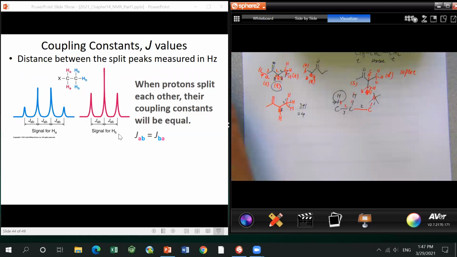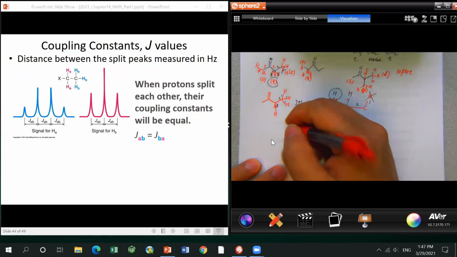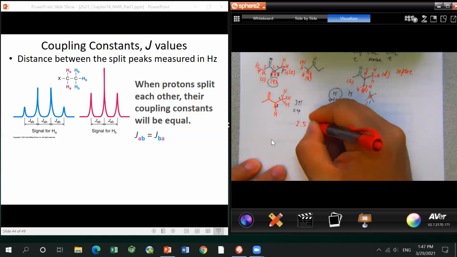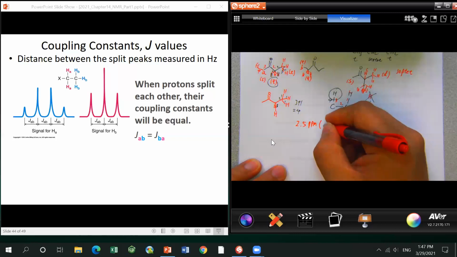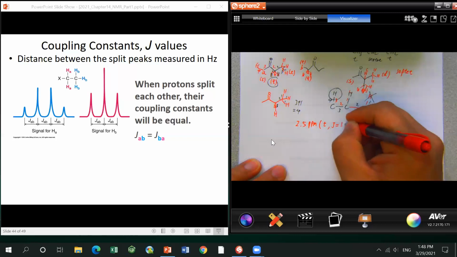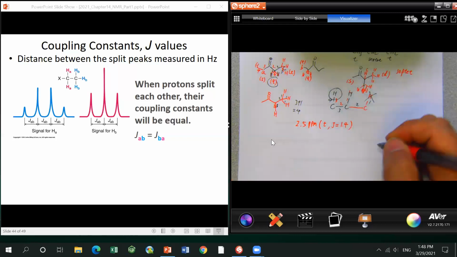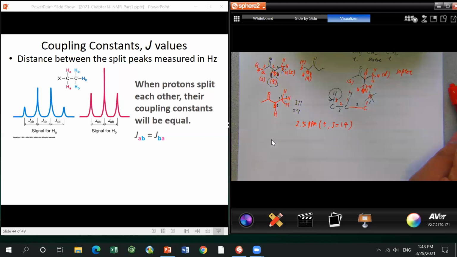When you read NMR papers or professional publications, people write down the NMR signal, for example 2.5 ppm, that's the chemical shift, and then the split pattern, for example the triplet T, followed by J equals maybe 1.4. That J is the coupling constant.